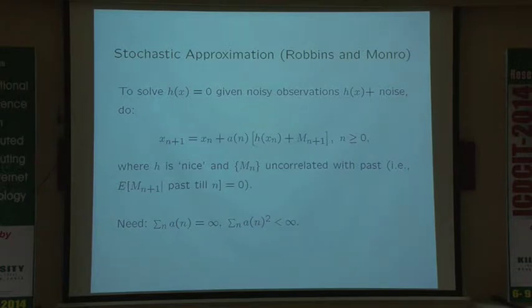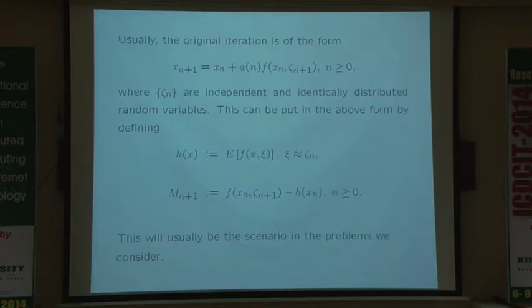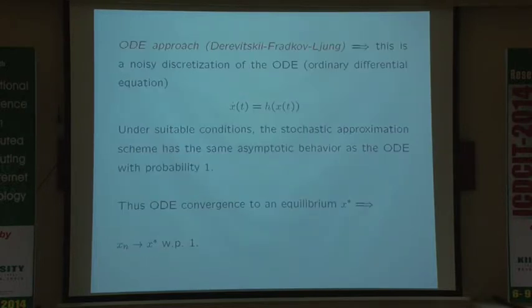This is how you would implement a differential equation on a computer. A standard numerical scheme for a differential equation is to take a small time discretization and make it a discrete equation. What's extra is two things: the step size is slowly decreasing, and there's noise. So it's a noisy discretization of the differential equation.